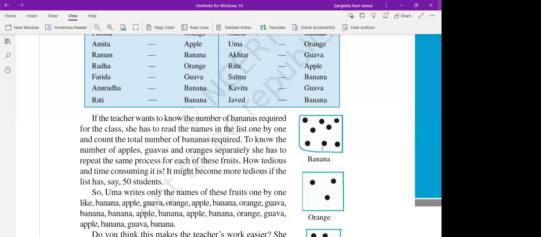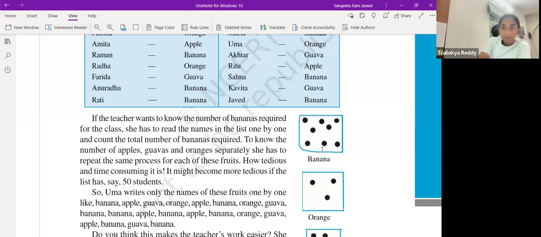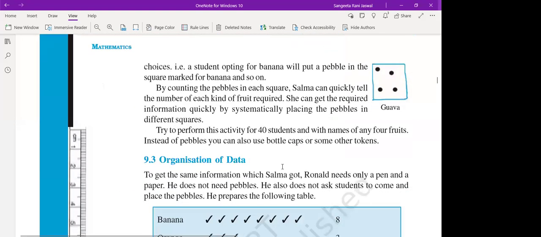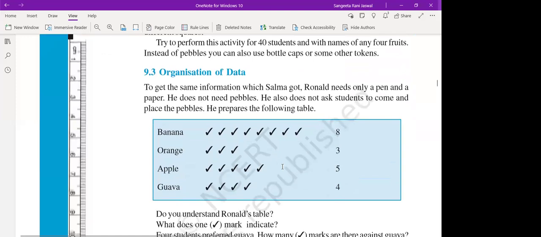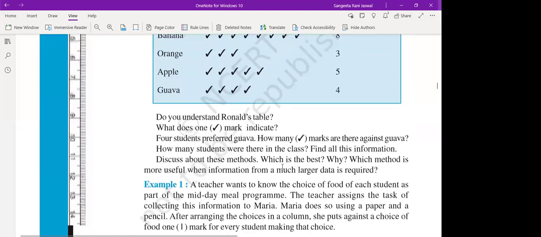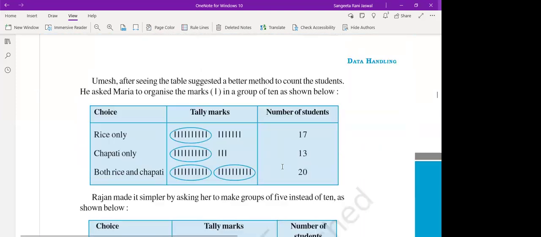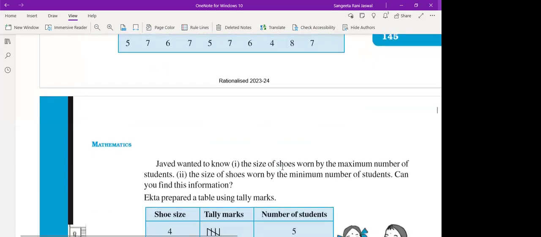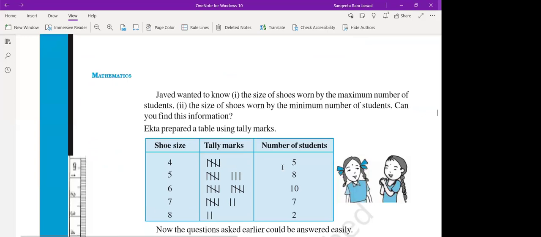Okay, children? Yes, ma'am. Okay, let's move ahead. Now, organization of data. Now, presentation of data.